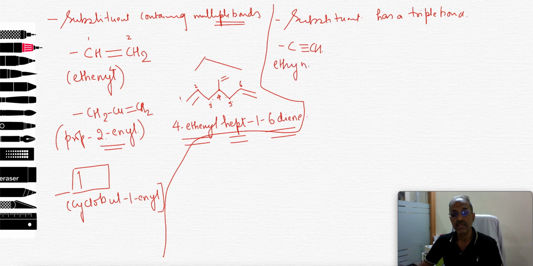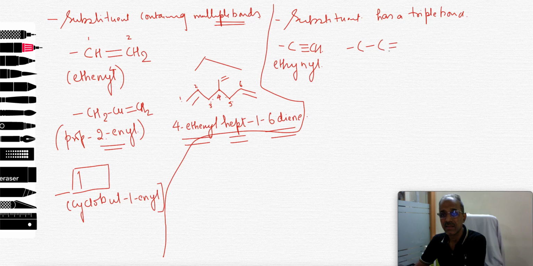Then again similarly it will be propynyl, propyn-1-yl, this will be 1-propynyl.